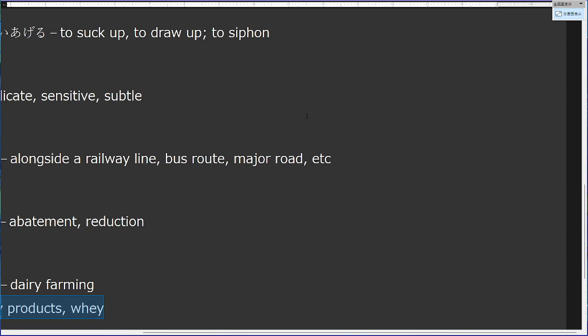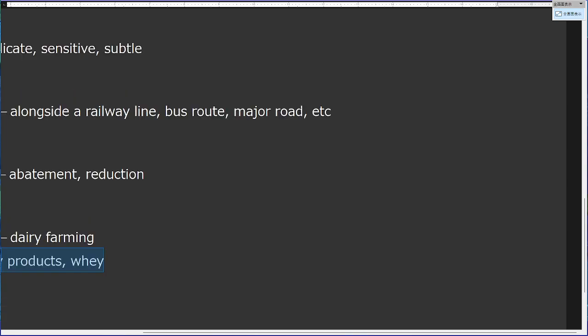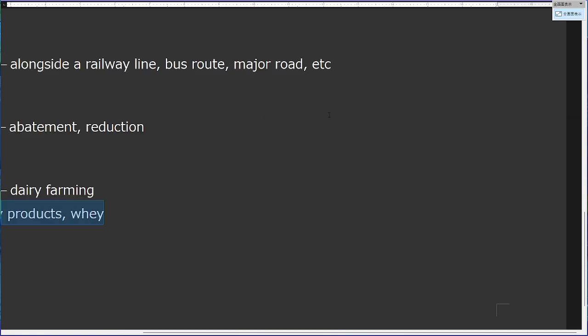But in this case, we're talking about suiageru, used in the same way we do in English, to suck up. Delicate is delicato. Delicato is delicate. Alongside a railway line or a bus route is en-sen, or literally translated, following along a line. En-sen is along a bus route or major road.